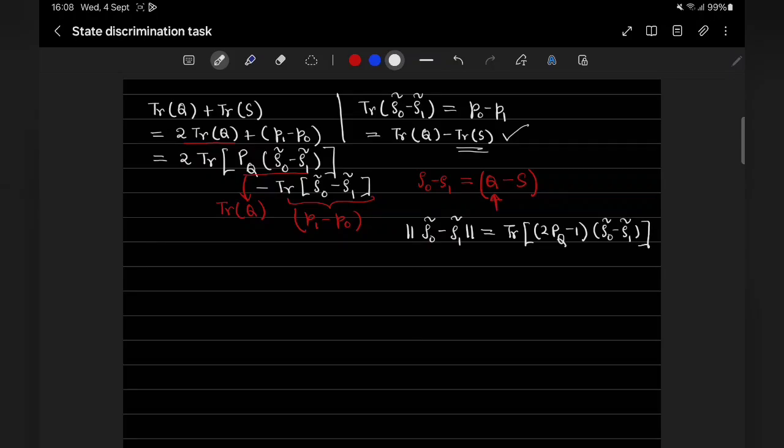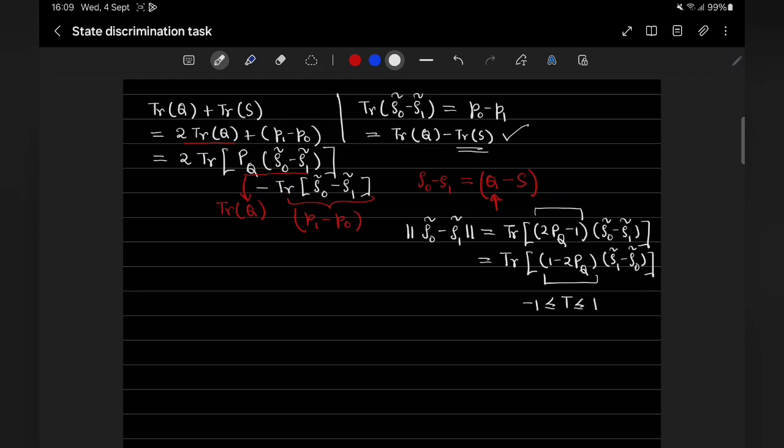So this comes from the previous calculation, and now I can put a minus sign also to get trace of 1 minus 2 pq times rho 1 tilde minus rho 0 tilde, and we are almost done, because notice that these operators that I have here, these two, they both are like the t operators. They are between minus 1 and 1.